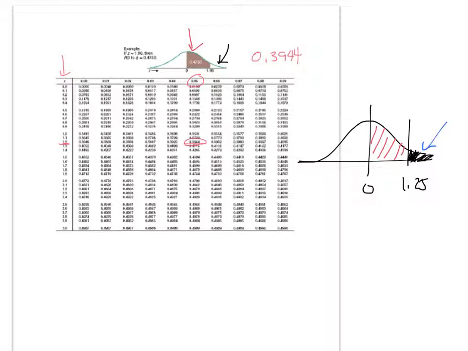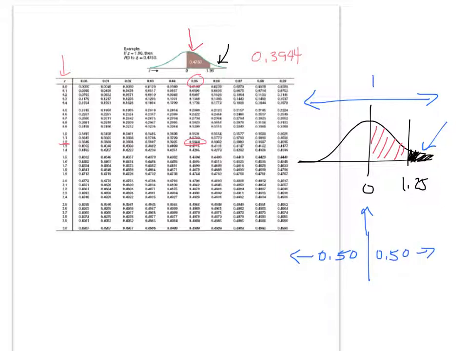I want this area. This area underneath the curve is probabilities. All probabilities have to add to 1. If you took all the probabilities underneath this normal curve, you would get 1 or 100%. Where the mean is cuts it in half, meaning half of my data is on this side of the mean, and half of my data is on this side.